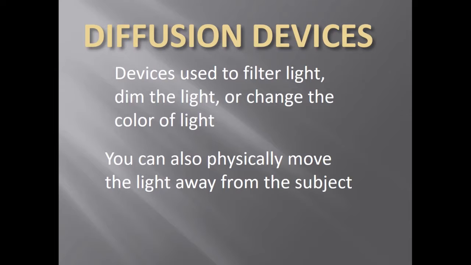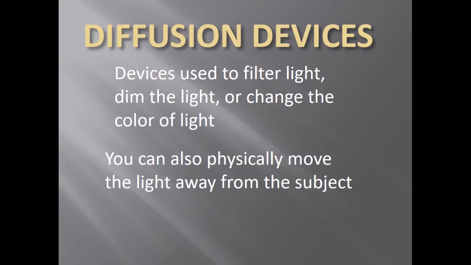So when I say filter the light or dim the light, I'm talking about changing the intensity of the light. So making it less harsh or more harsh depending on how we are diffusing that light. And it can even be a way for us to change the color of light. So we'll learn about some accessories that help us turn our lights blue or green or red.